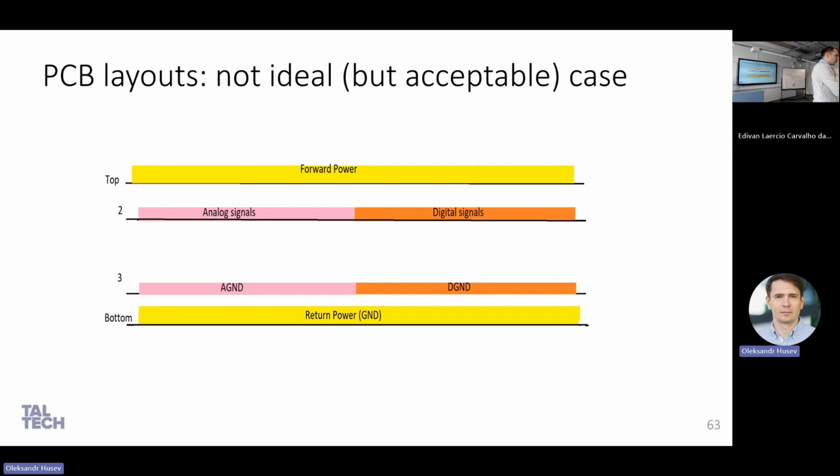Not must, but if you still care about your immunity or possible destruction, it's better to use ground near your digital signal. Always think about the return and direct path, and you will see that they must be as close as possible to each other.